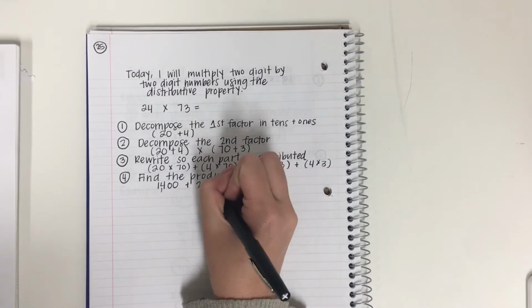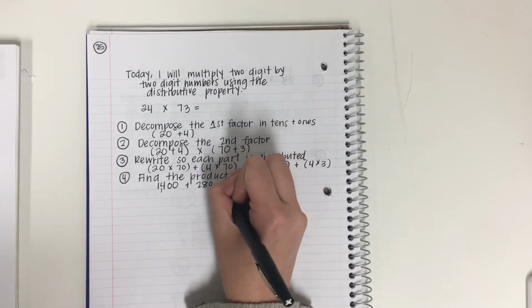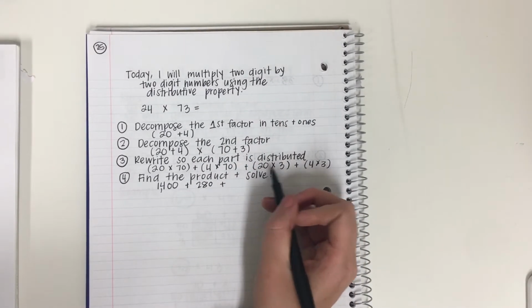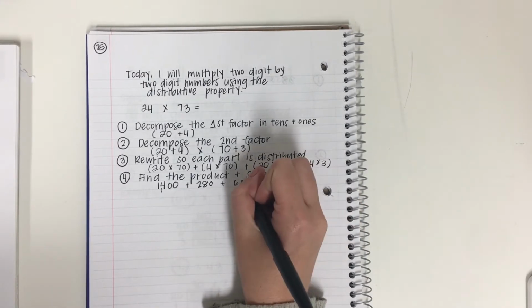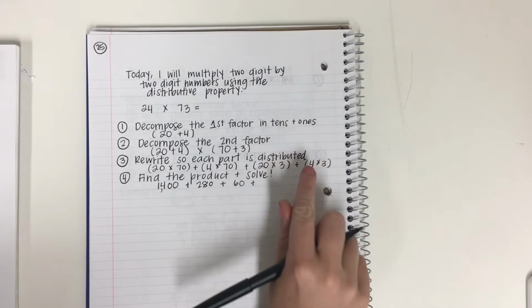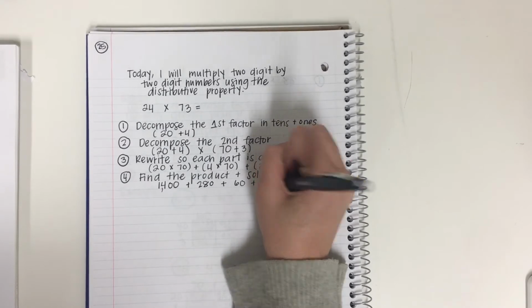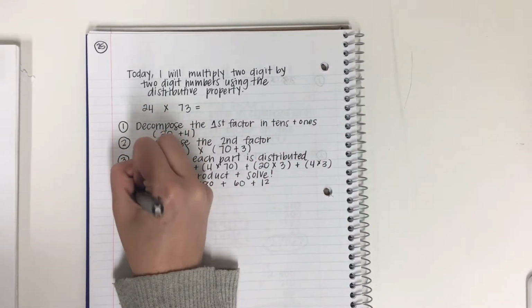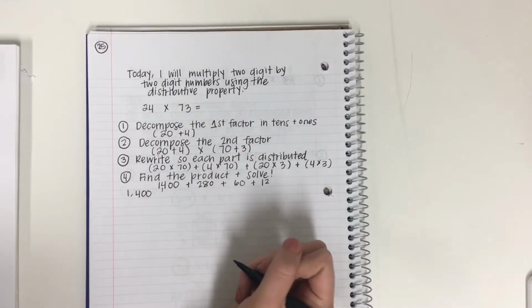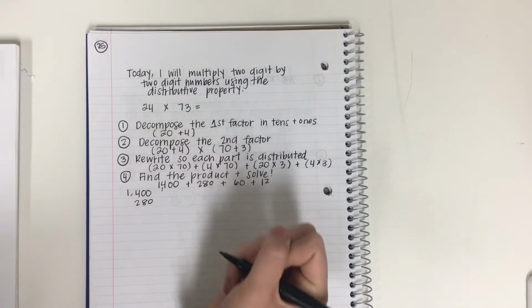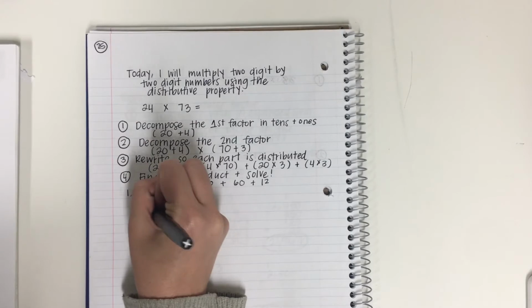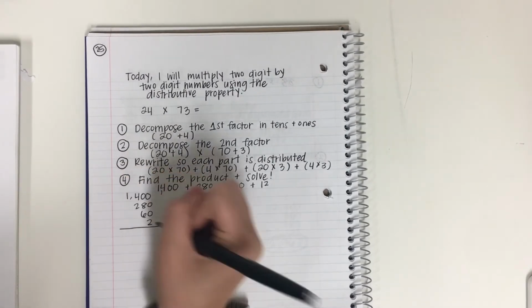Add a 0. We get 280. Then we have 2 times 3, which is 6, plus a 0 is 60. Plus 4 times 3 is 12. So let's line it up and add. So we have 1,400, we have 280, we have 60, and we have 2.